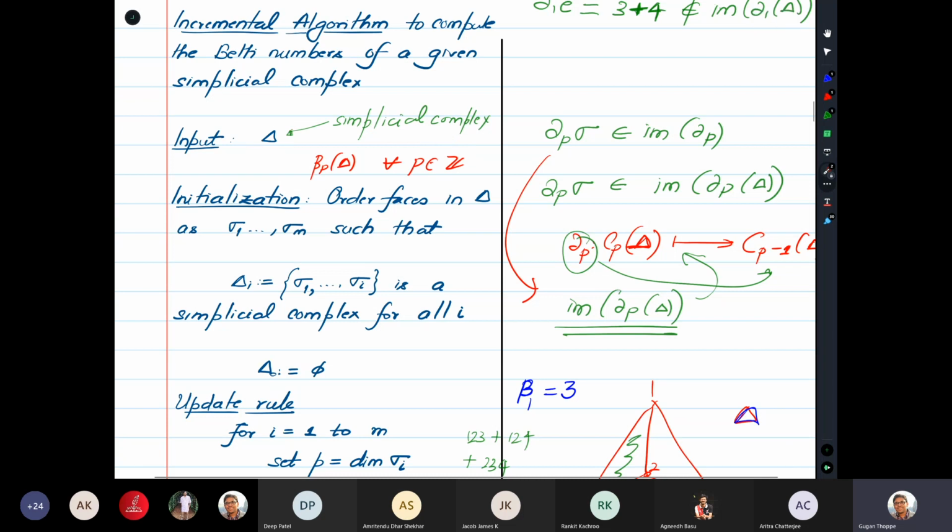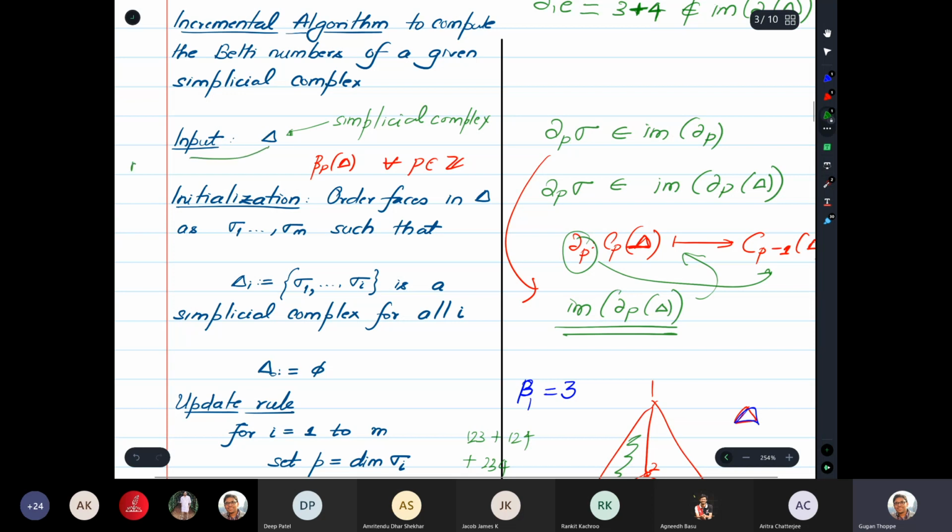Before I run this algorithm, I have to do some initialization. Everything that I do is in some sense to be in a position where I can apply this proposition from above. That's the reason that I'm doing this initialization step. So the initialization step goes as follows. Let's say delta had m faces.